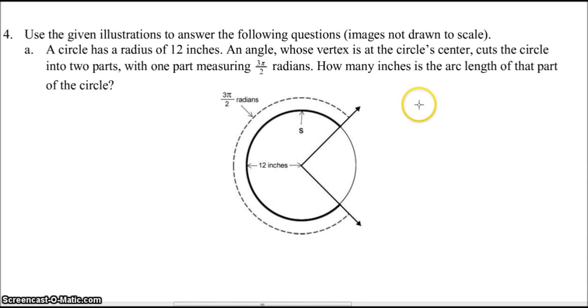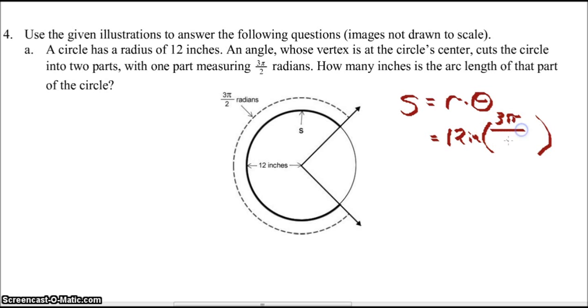The easy thing that you can do is use the equation s equals r theta. The arc length equals the radius times the angle measured in radians. We have our radius of 12 inches, and we have our angle measure, 3 pi over 2 radians.